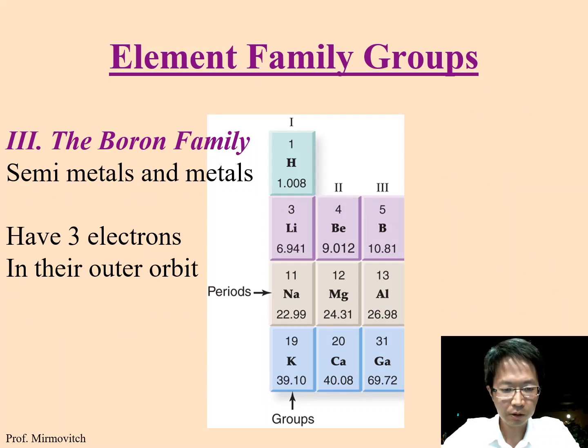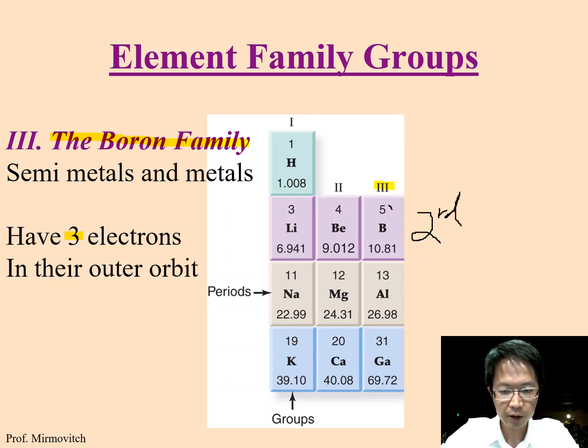The third one, boron. We call it the boron family, the third group. They have 3 free electrons on the outermost orbit. So this is boron. Boron has 3 free electrons on the second orbit.